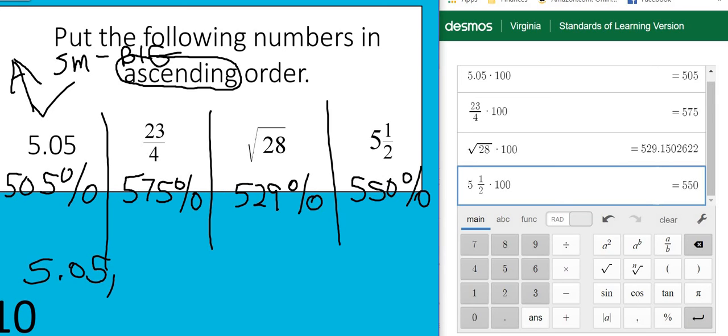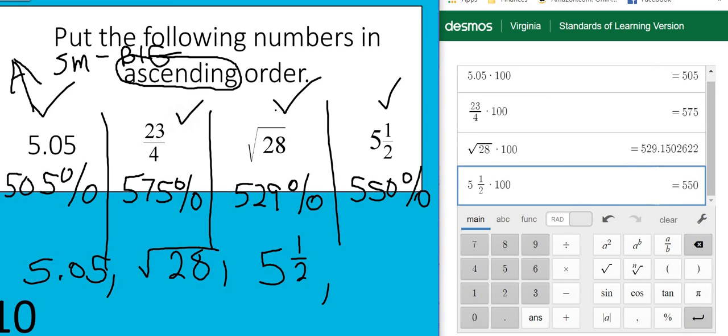The next smallest number looks like this 529%, which is written as the square root of 28. The next smallest one is the 550, which is written as 5 1/2. And finally, the largest is the 575%, which is written as 23/4. Okay? I'm going to go ahead and stop this video here, and then I'll put some more problems on the next one. All right?